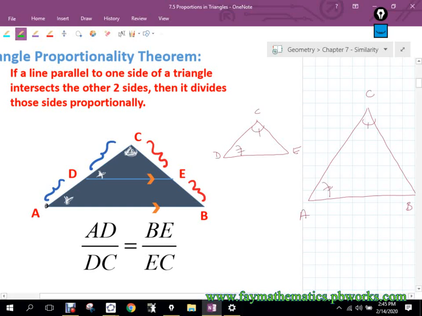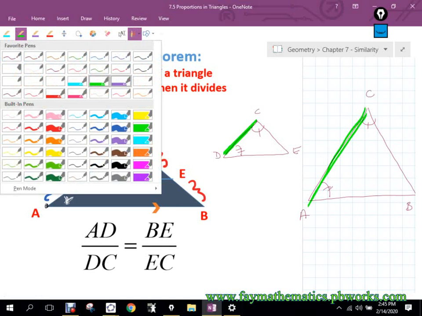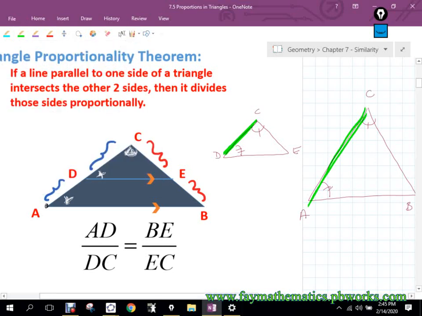So we talked about in 7.2 that you can compare those two sides, right? Okay. Now I'm going to compare them just because it makes things a little bit easier later on. We can skip a property of reciprocals essentially. I'm going to compare CA to CD. So I'm going to go big one to small one. If you want to go small one to big one, it's fine. But CA over CD.